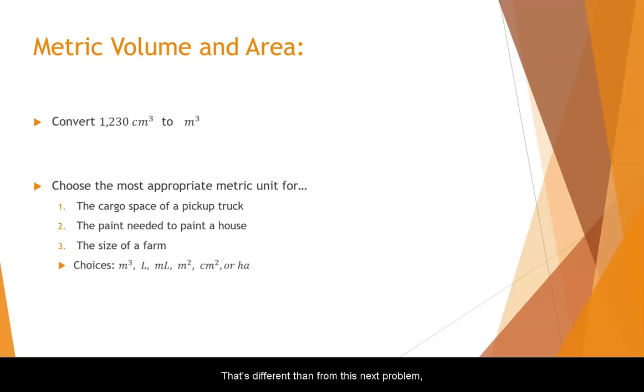That's different from this next problem, where we have 1,230 cubic centimeters, and we want to convert that to cubic meters. Since we have centimeters cubed, this is the same thing as centimeters times centimeters times centimeters.